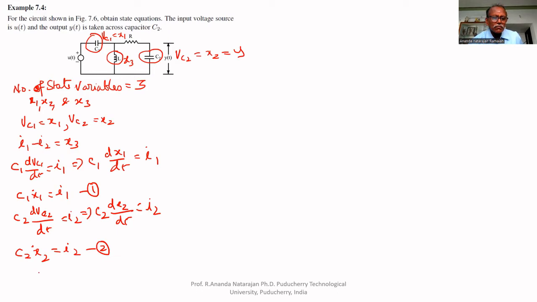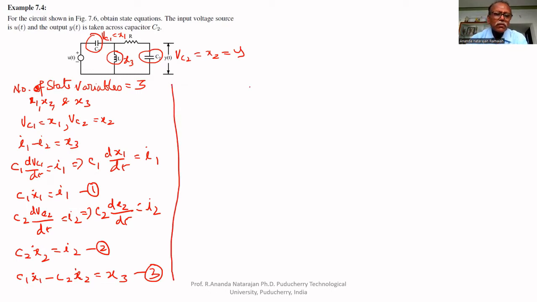Third equation is I1 minus I2, that is C1 x1 dot minus C2 x2 dot equal to x3. This is the third equation. We can write one equation based on KVL, that is u(t) for loop 1. Current through this is I1, current through this is I2.